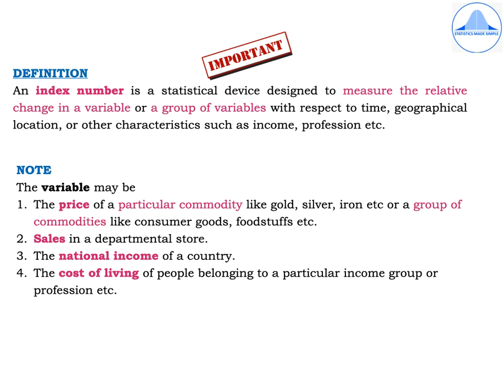A variable may be the price of a particular commodity like gold, silver, iron, or it can be a group of commodities like consumer goods, foodstuffs, etc. A variable may also be the sales in a departmental store, or it can be the national income of a country or the cost of living of people belonging to a particular income group or profession.